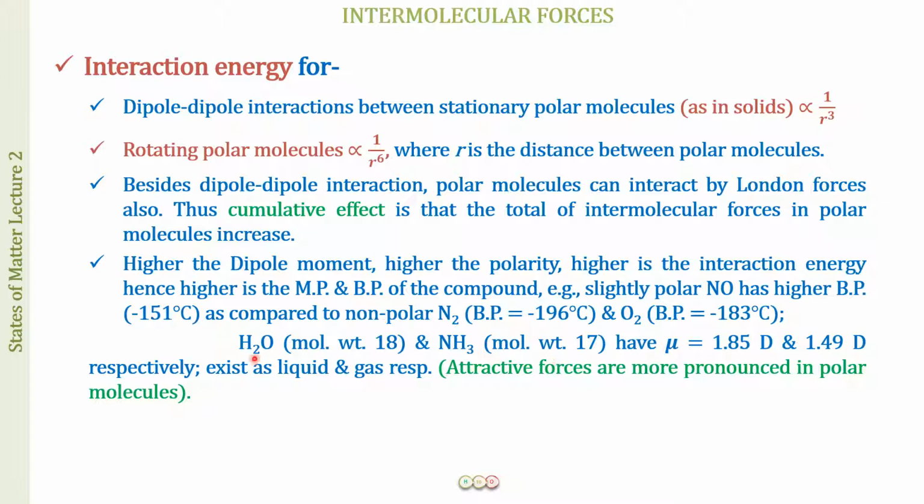But when you see the water molecule and the ammonia molecule, they have almost similar molecular weights, right? But in the case of water, the dipole is going to be more. The dipole moment is 1.85 D, whereas in the case of the ammonia molecule, the dipole moment is 1.49 D. So the water molecule has a higher dipole moment.